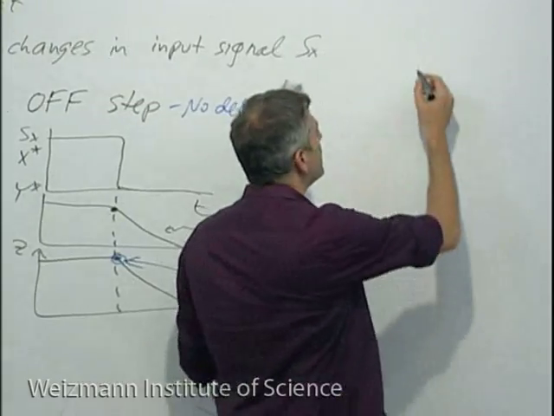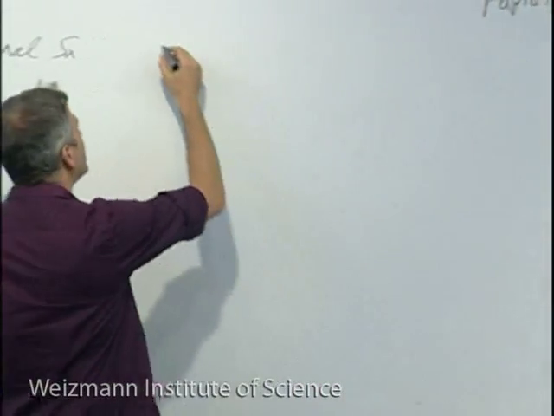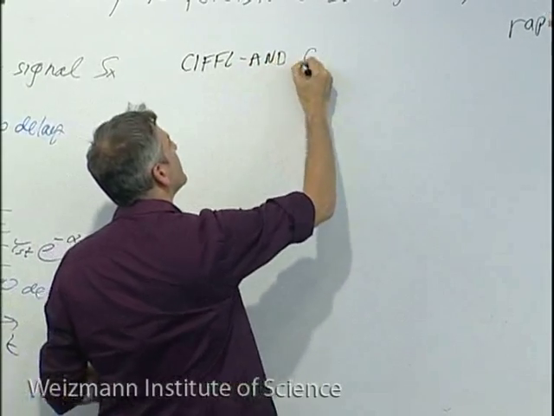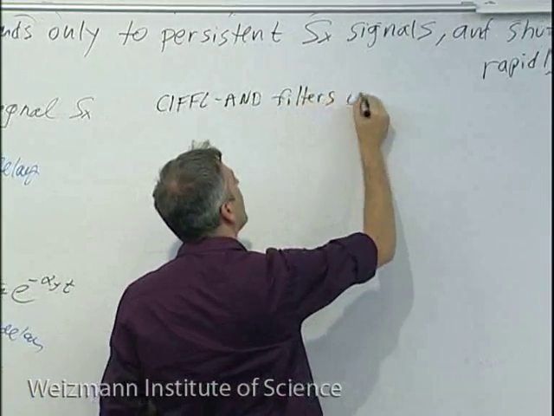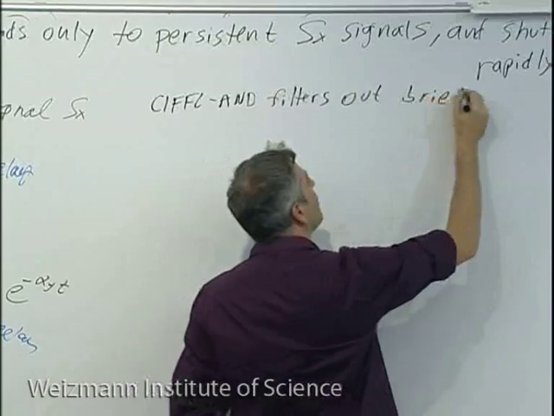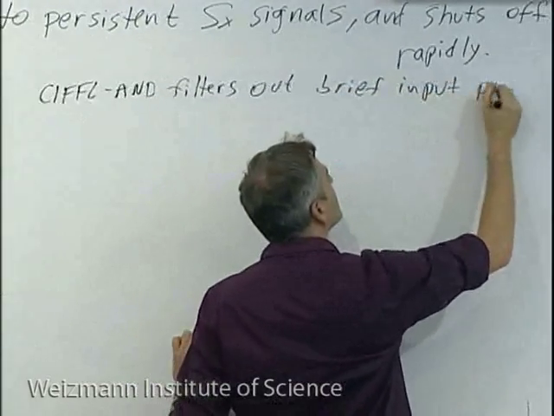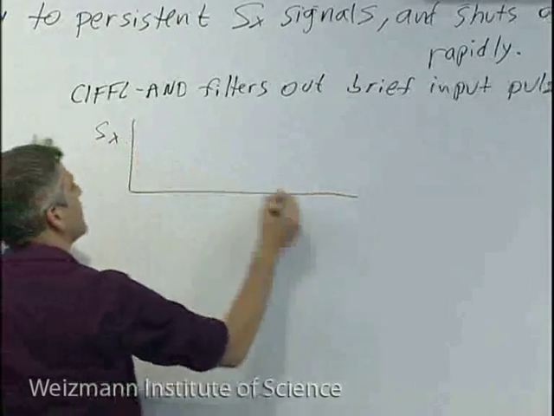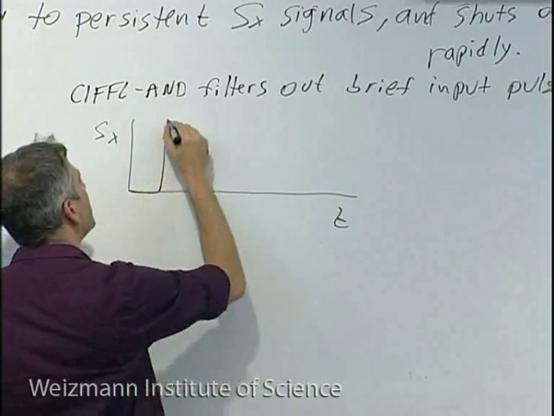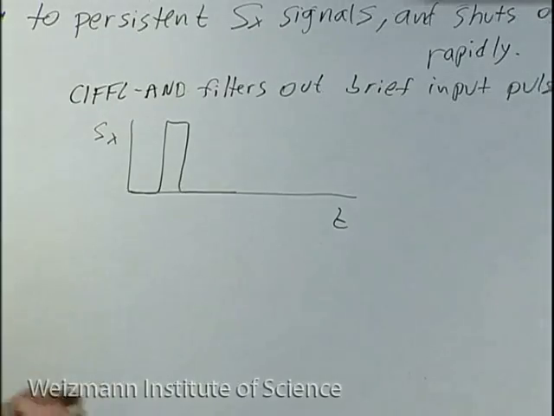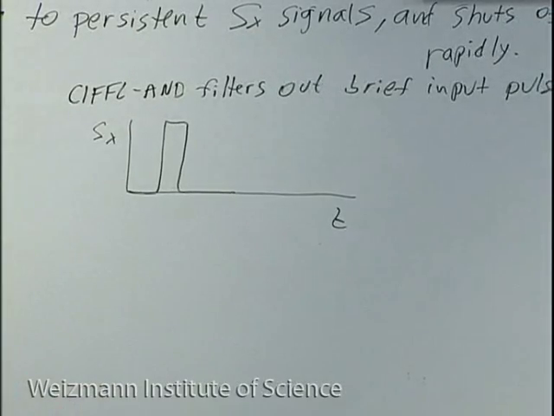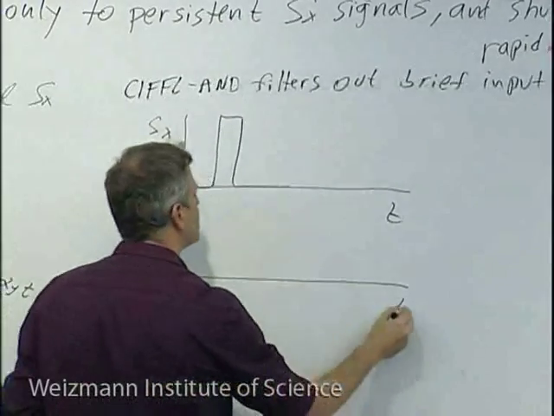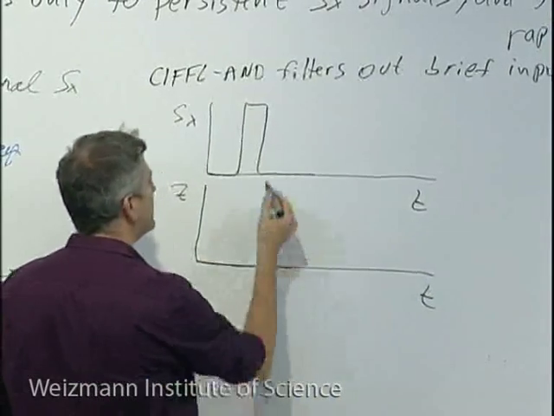Welcome. So just to summarize this, the C1 FFL with AND gate filters out brief input pulses. And what do I mean by that? If the signal is present for just a brief amount of time, let's say shorter than a few minutes, then the output doesn't see it.